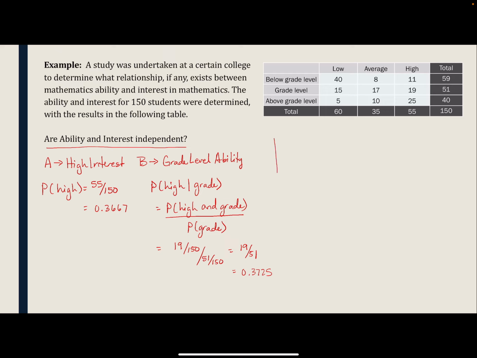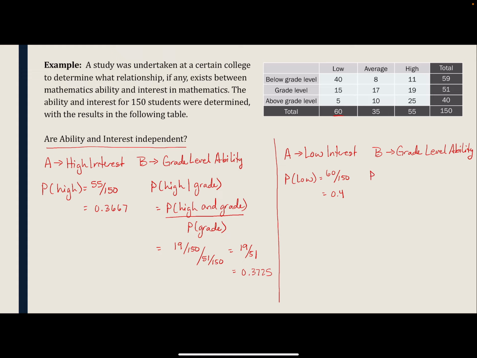So let's pick 2 different events. Let's let A be low interest, and let's keep B at grade level ability. So if we find the probability of low interest, well, I have 60 out of the 150 students that have low interest, and this is 0.4.